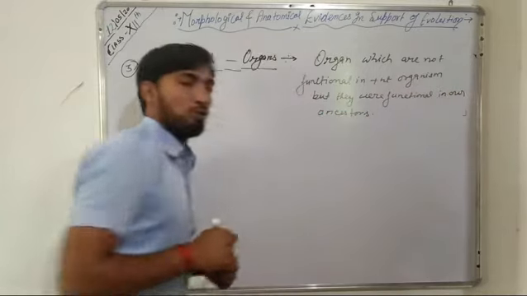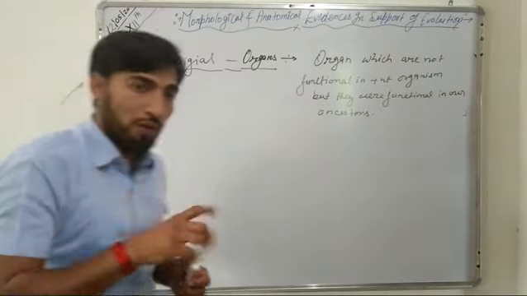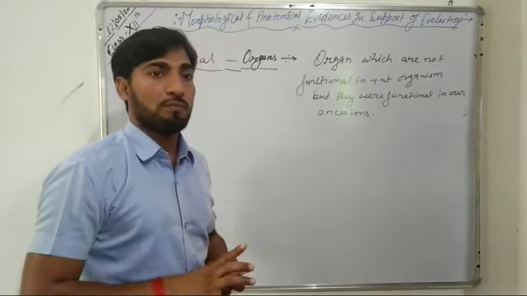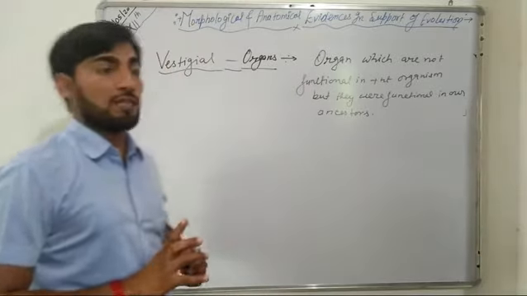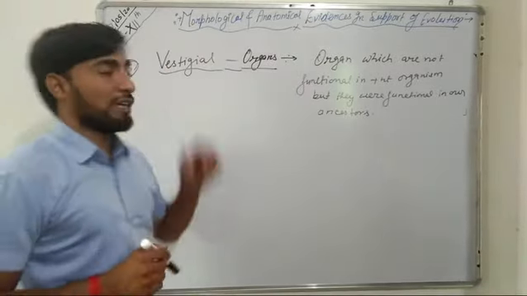So those organs which are non-functional in the present organism but were functional once in our ancestors are known as vestigial organs.